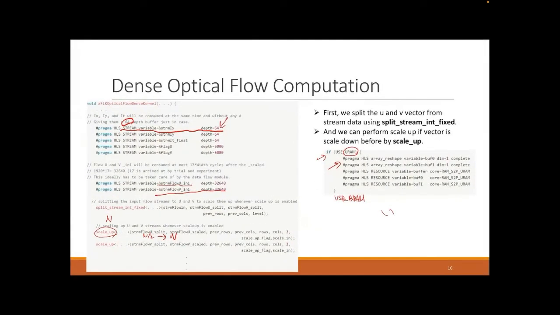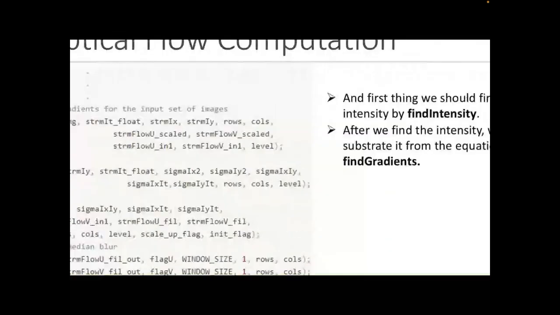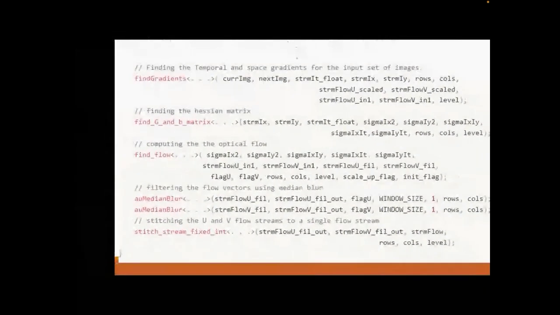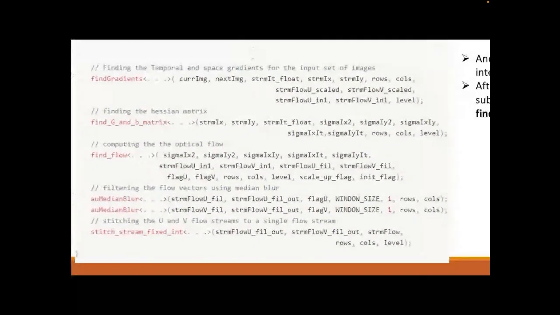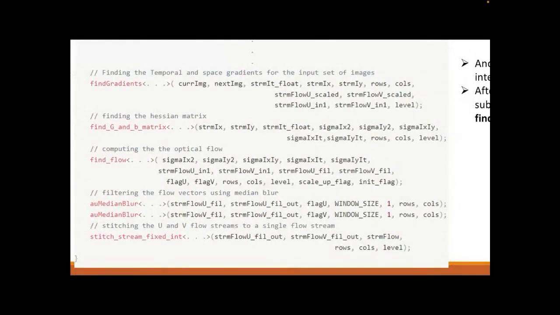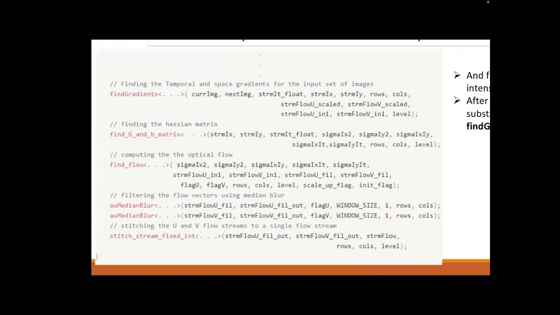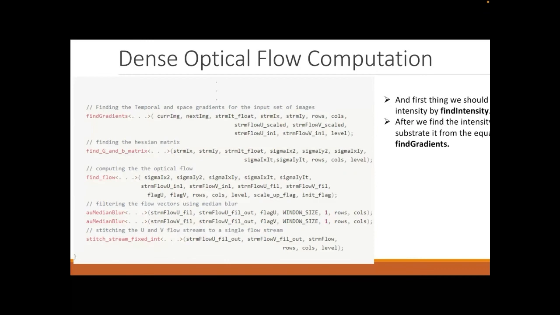Then we need to find the gradient of the u and v vector. After we find the gradient, then we can solve the Hessian matrix. The detailed computation will be written in the report, so we didn't demonstrate here. And after we find the Hessian matrix, then we can solve the equation, and then we can get the flow.